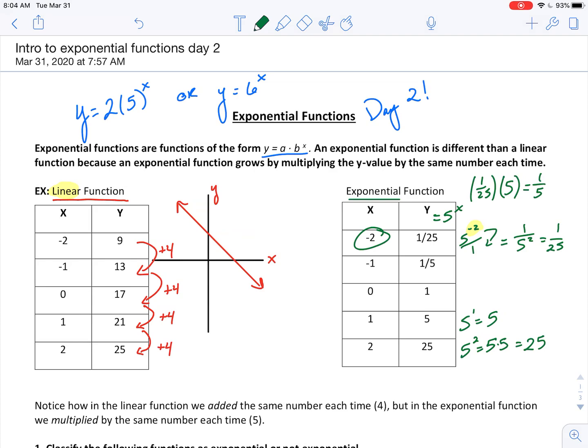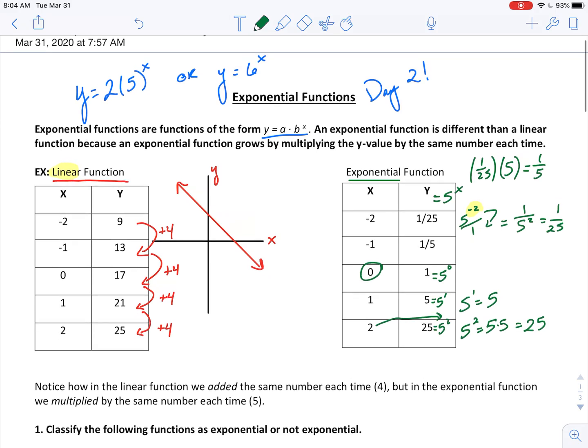So we multiplied by 5 and got 25. So that's what we're trying to get at with these exponential functions. We're plugging these values into our exponent. So this is 5 to the 0 power, 5 to the first, 5 to the second power.